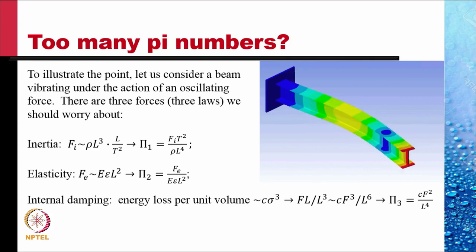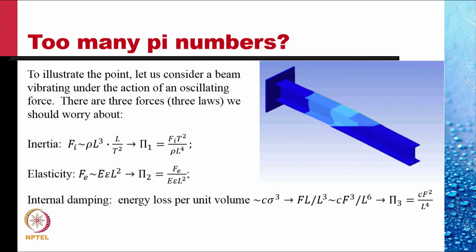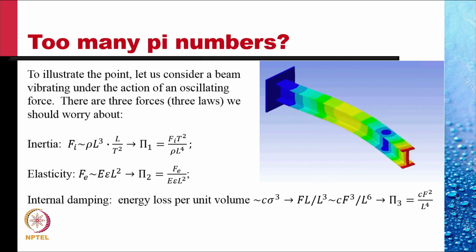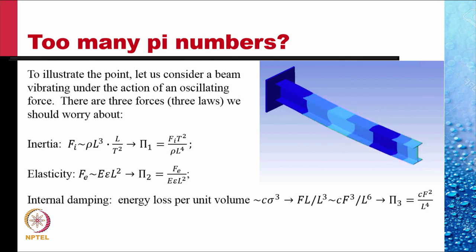The third force that we worry about is the force of internal damping. And we write in terms of energy loss per unit volume. And this is given as C into sigma raised to power 3, where C is a damping coefficient. And this translates into a pi number Cf square by L4.